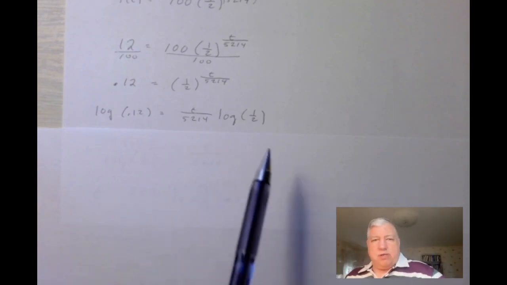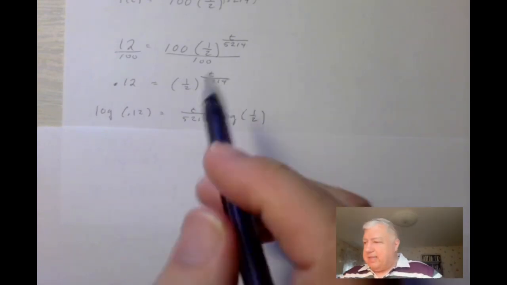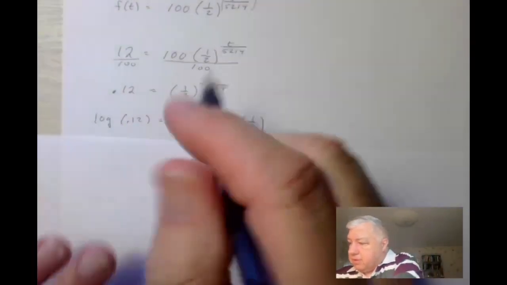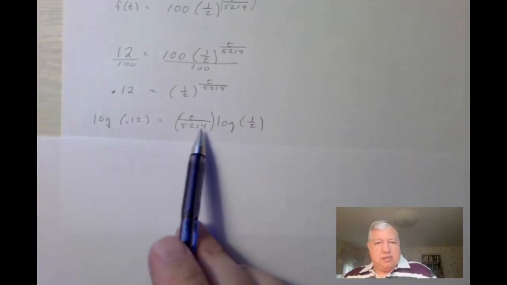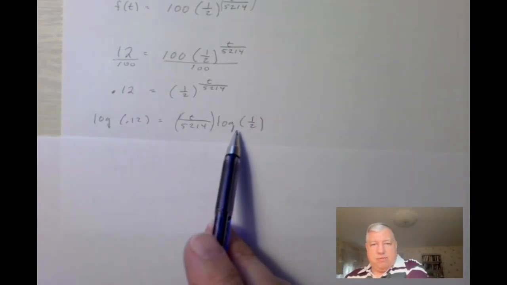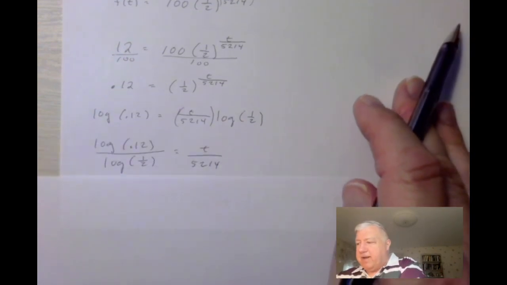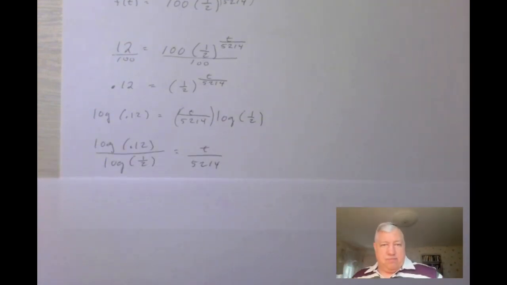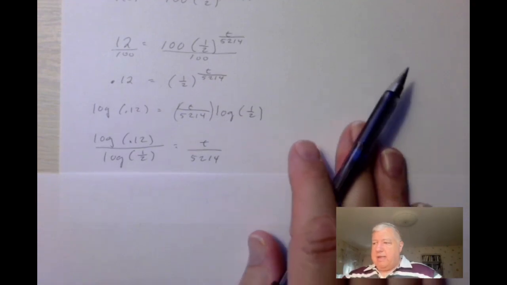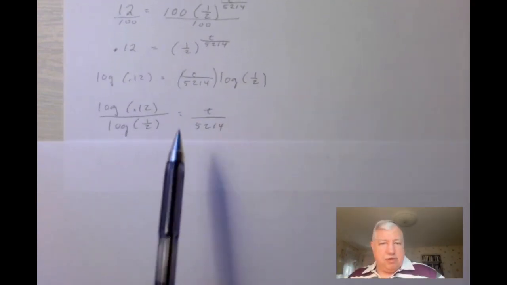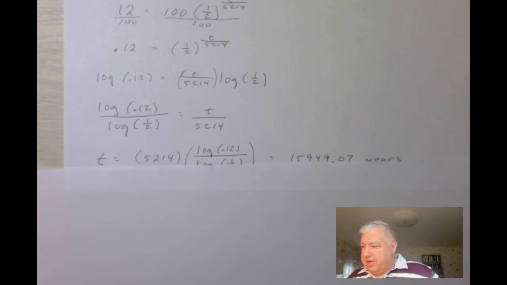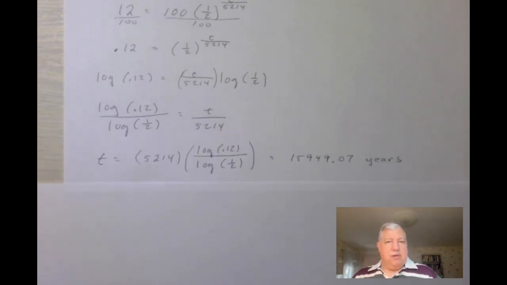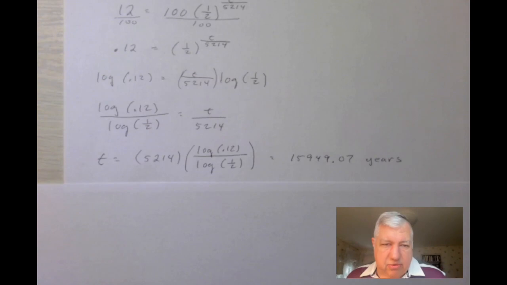Now we're going to divide both sides, isolating this part and getting rid of the log of 1/2, so we divide each side by the log of 1/2. And now we can see we're almost done. We just have to multiply by 5214, so we will do that. Now we can plug everything into our calculator, and we get that the piece of wood is approximately 15,949 years old.